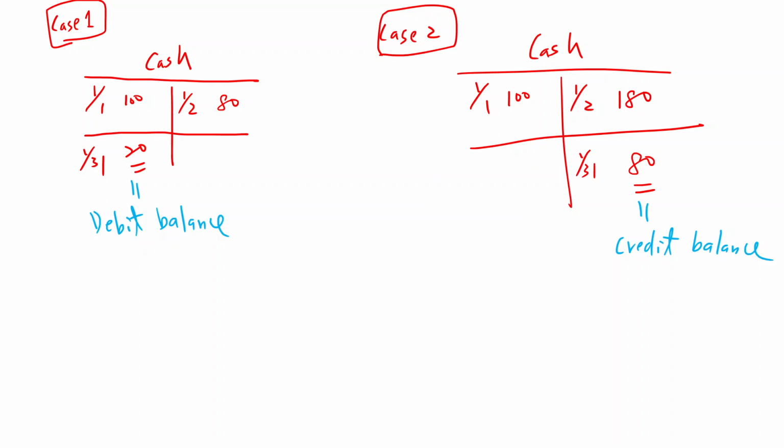You have to think, what does it mean? If you have 20 on debit balance, what does that mean? If you have 80 on credit balance for cash, what does it mean? Anyone? $20 cash on debit balance, what does it mean? Fiona?